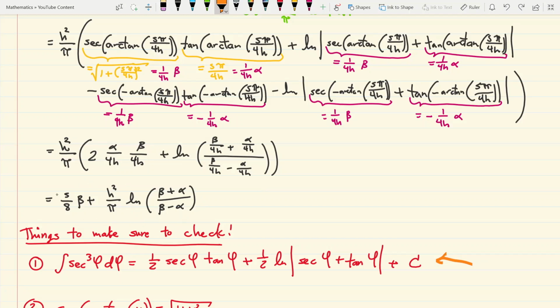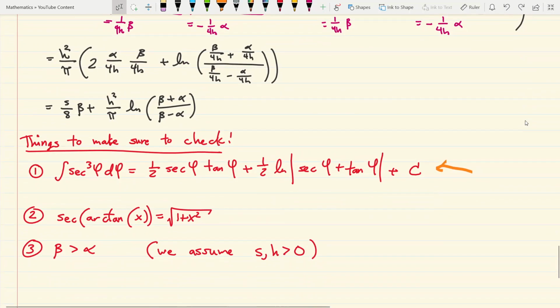So I can simplify everything, and you get this expression. All right, so that finishes it off. Again, things to check are that trigonometric rule I mentioned, and also check this. What implication does that have in the above argument? All right, thank you.